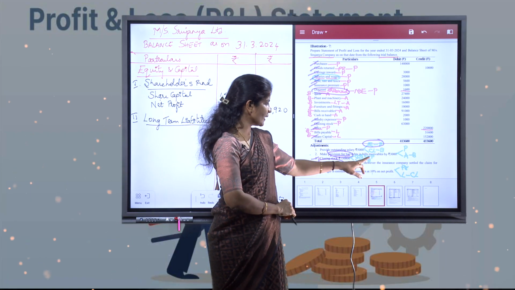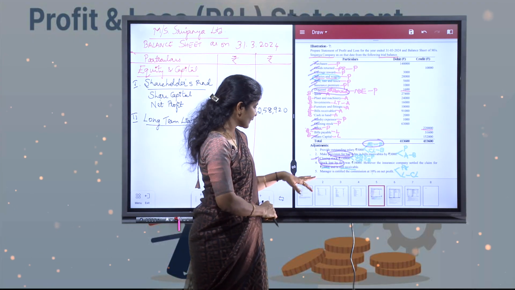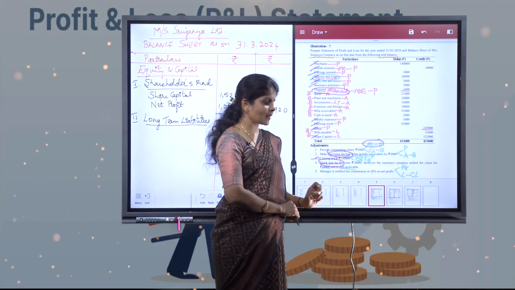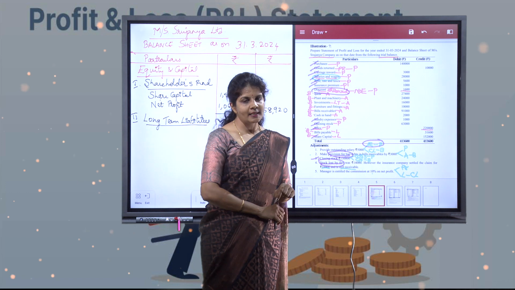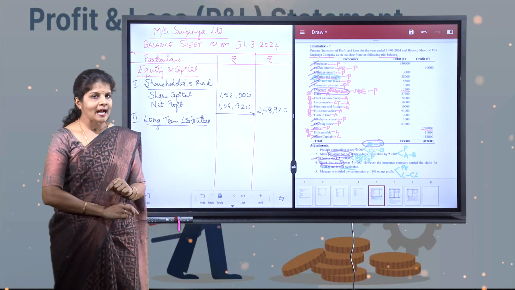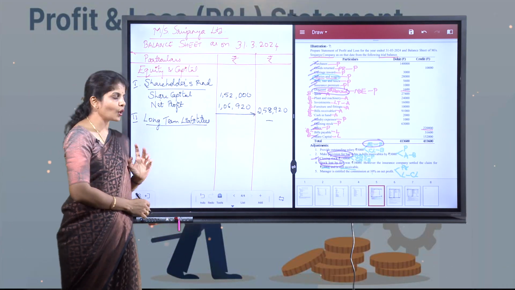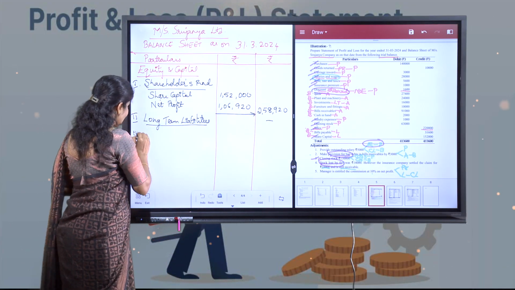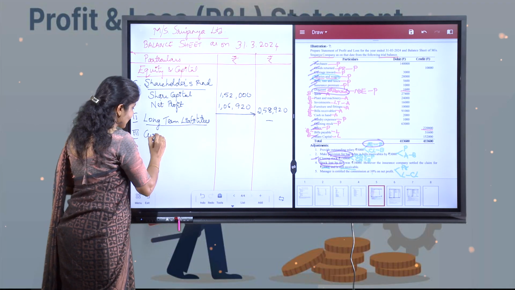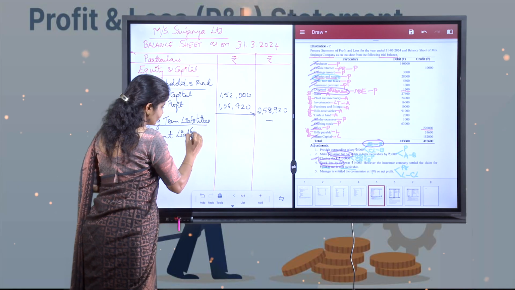Stock lost by fire and the claim to be received is an income, not a liability. Manager's commission is a current liability, that is outstanding manager's commission. So there are no long term liabilities. Let us take this as nil. We have only current liabilities. Let us take those current liabilities.